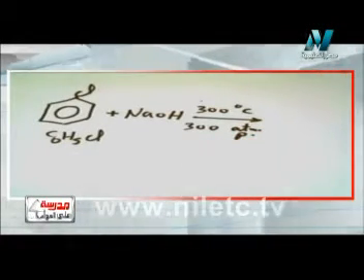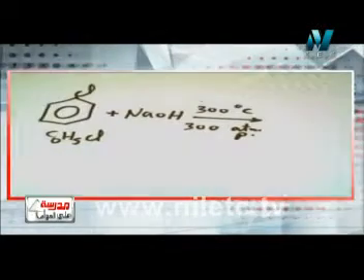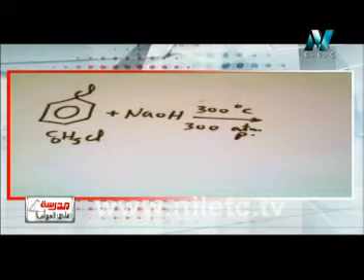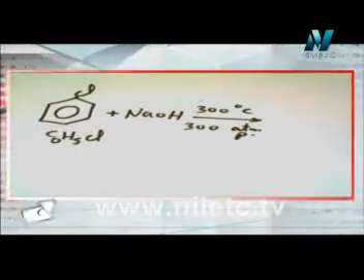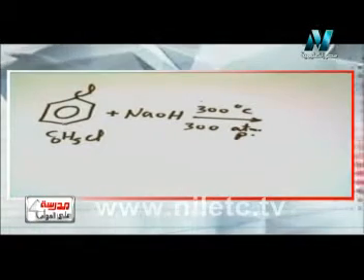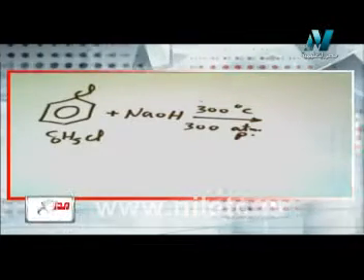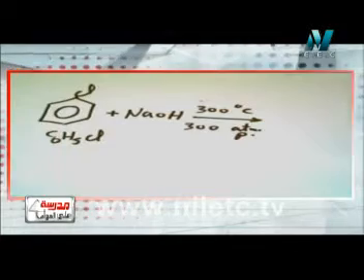Take care in order to remove the halogen atom from the benzene ring, because it is a strong bond between the benzene ring and the halogen, because the benzene ring attracts negative. It is an electrophilic compound. So we use strong alkalis such as sodium or potassium hydroxide, high temperature 300 degrees Celsius and high pressure 300 atmospheric pressure.